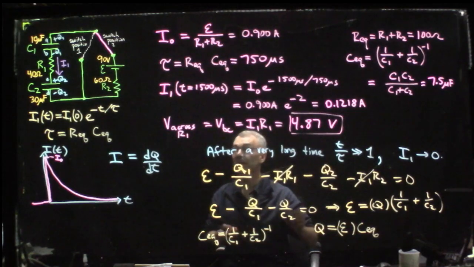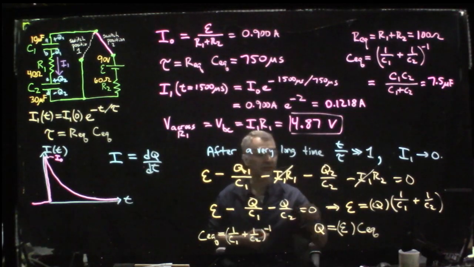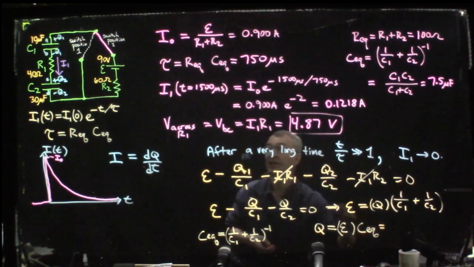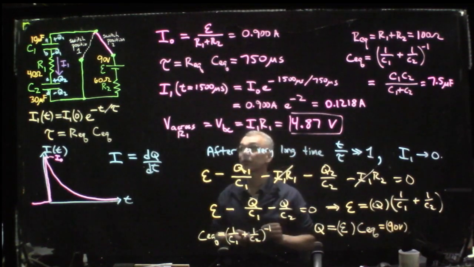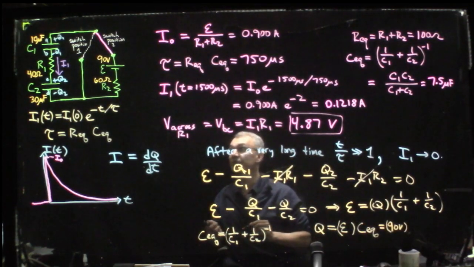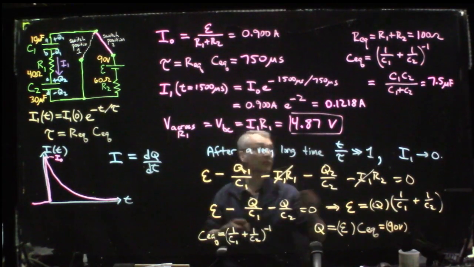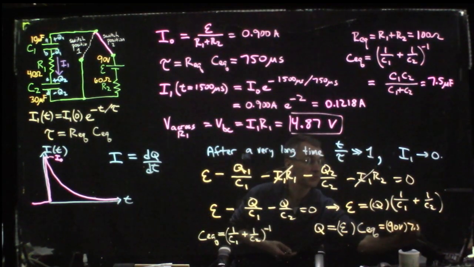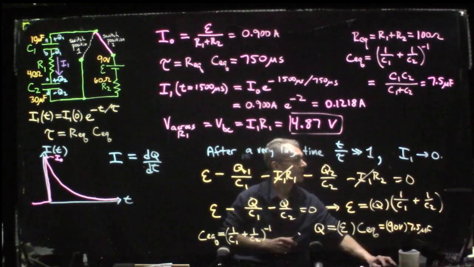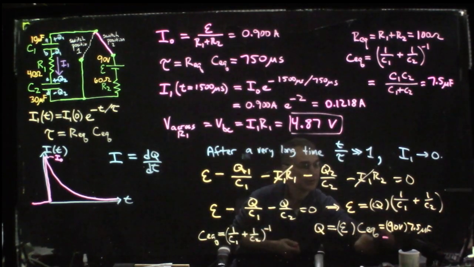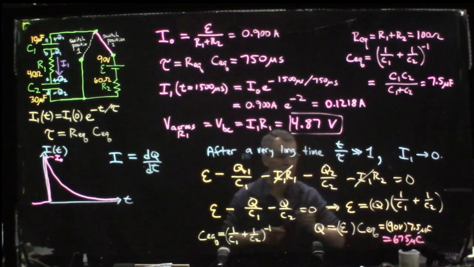So the charge on each one of these two capacitors is going to be this battery voltage, 90 volts, times the equivalent capacitance, which we worked out before was 7.5 microfarads, and that is 675 microcoulombs.